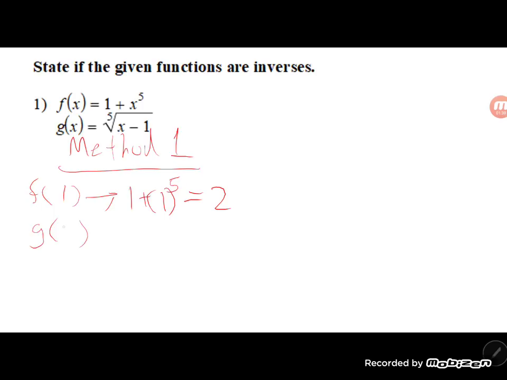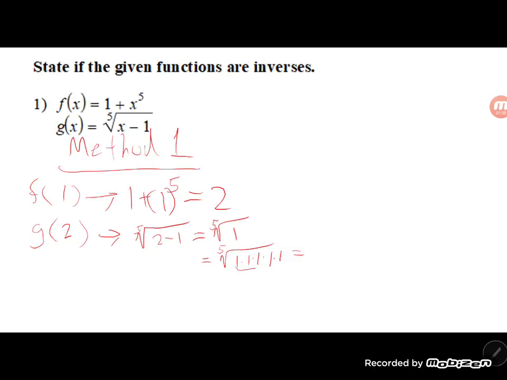Okay, so now I take my 2, and I'm going to go over to g of x and plug in 2. So that'll give me the 5th root of 2 minus 1, and lo and behold, that gives the 5th root of 1, and that is equal to 1. And if you need an explanation on why that is, well, that's because 1 could multiply itself 5 times, and it would still equal 1.